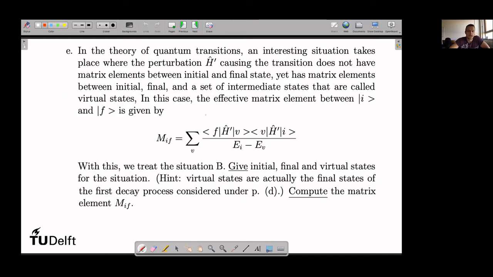Okay, and then we move to question E, which is a little bit more involved. I think I'm going to read it quickly for you.